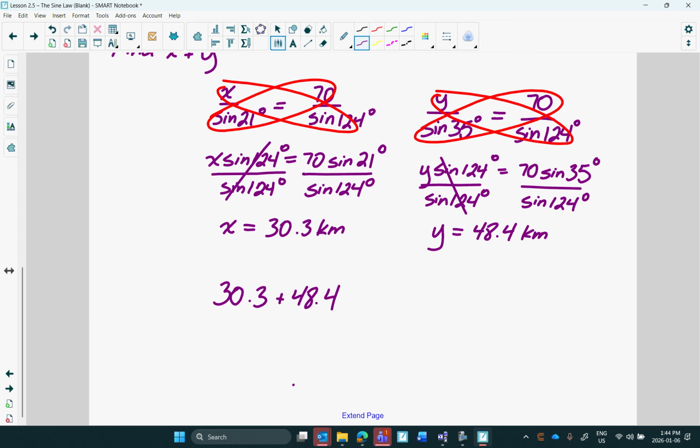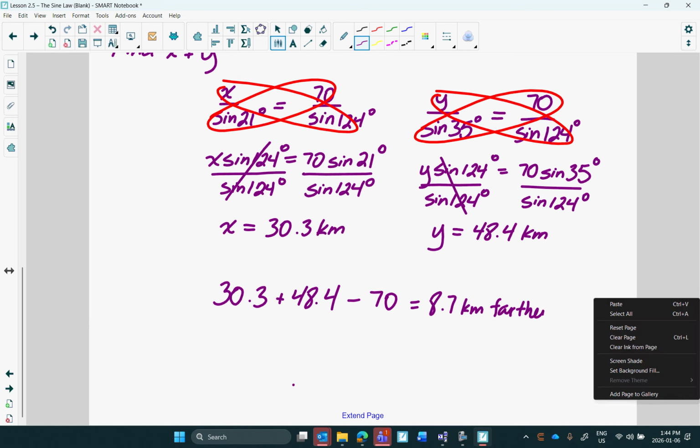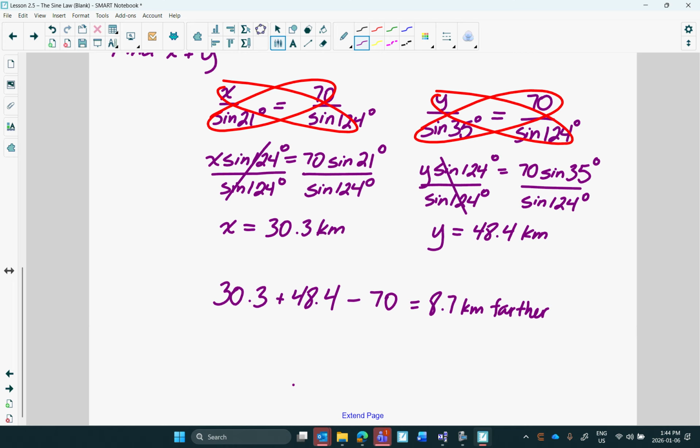So we've got to add these two and subtract 70. 8.7 kilometers farther. Yeah, that's how much further the detour was, 8.7 kilometers.